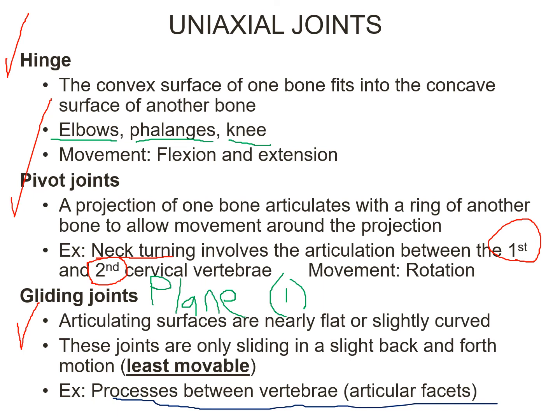A facet is a process in the spine. So it's the same thing as saying superior articular process, superior articular facet. So once again, not a lot of motion, not a lot of movement. It's just kind of this gentle sliding, gliding. Really, these joints work as a whole. Your spine, when it bends as a whole unit. When you move your wrist or your ankle, the whole ankle or wrist are moving together. So it's very subtle movement between these. So hinge joint, pivot joint, gliding joint, all one axis out of the three.